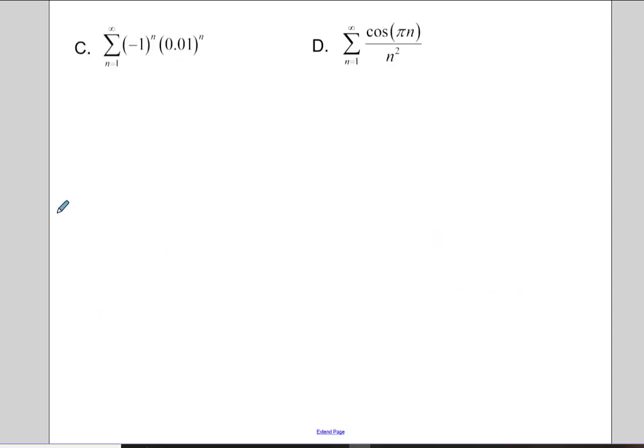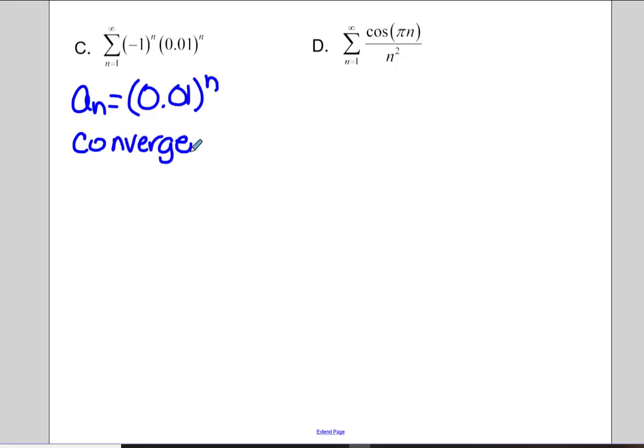In part C, this is a geometric series, so our a sub n is 0.01 to the n power, and that's a convergent geometric series. We know that because our ratio is less than 1, in between 0 and 1.